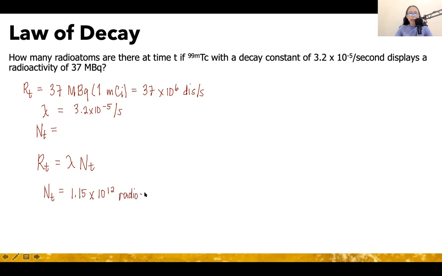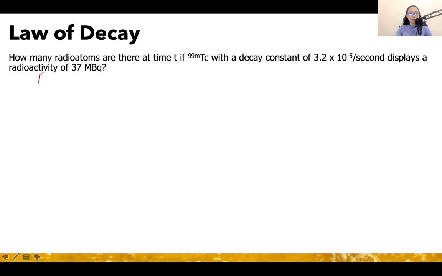So it means that any metastable technetium-99 sample displaying a radioactivity of 37 megabecquerels means that you have 1.15 times 10 raised to 12 radioatoms.